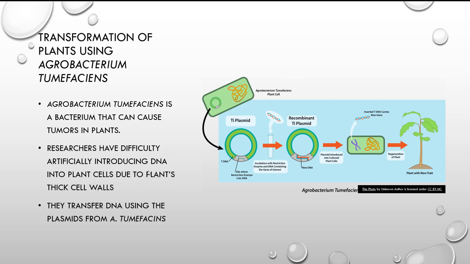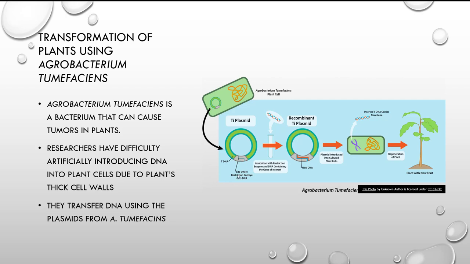So we can use that to our advantage. We can take this particular bacterium that's used to invading plants, and trick it into inserting the DNA that we want into the plant. So this is used to transfer the DNA of a desired trait into the plant. Okay, so we can insert whatever trait that we want.